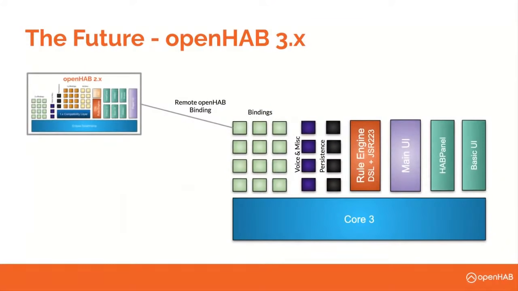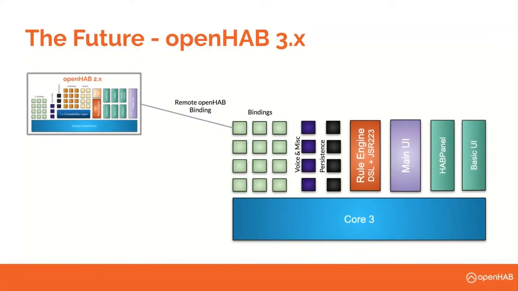Now, we are aware that many of the existing users of openHAB might still require 1.x add-ons and bindings, and can't live with simply dropping that because there is no replacement available. That's why we came up with the idea of the remote openHAB binding, which, kudos to Jan, was implemented very quickly and nicely.